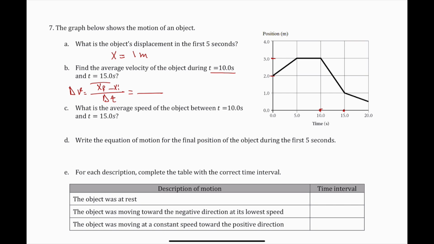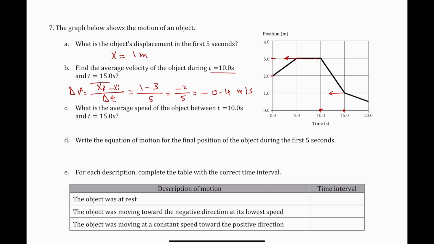The final point is at 15, so here the final position is 1, minus the initial, which is 3, over delta t, 15 minus 10, which is 5. So it will be -2 over 5, which is -0.4 meters per second.